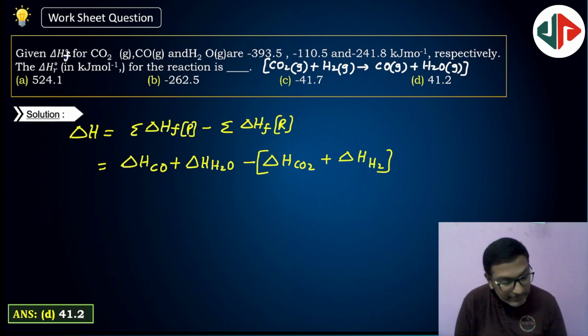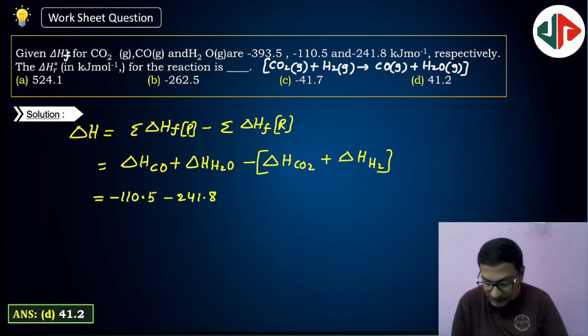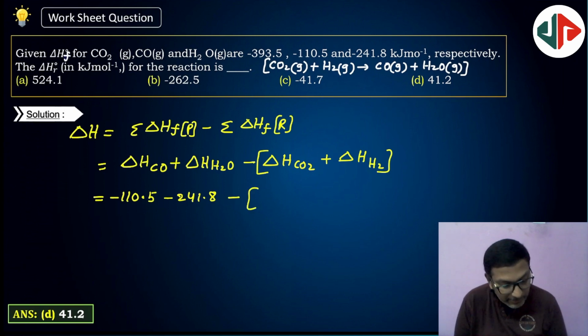This is the formula. Substitute the values: minus 110.5 minus 241.8, minus of delta H of CO2, minus 393.5. Delta H formation of H2 is 0 because H2 is the standard form. Therefore we'll get the value 41.2 kilojoules per mole.